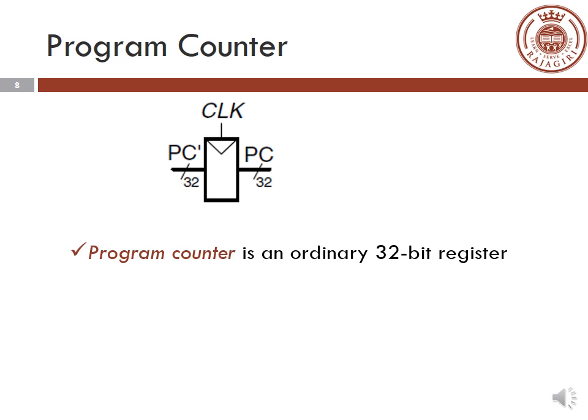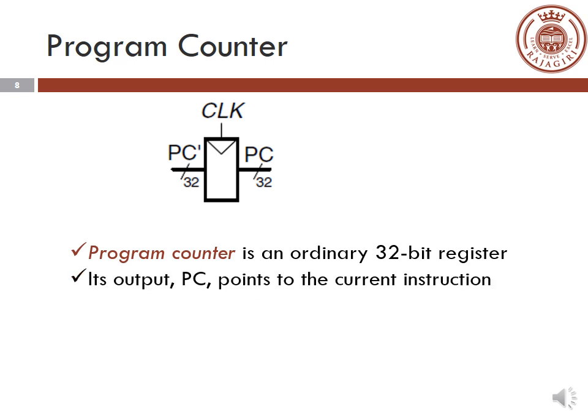The important point to be noted here is that the program counter is holding an address value. As you can see in this diagram, you have 32 bits as input and 32 bits as output, and you have a clock signal, which is your timing signal used to produce your outputs according to the timing requirements, and it is given as PC' at the input and PC at the output.